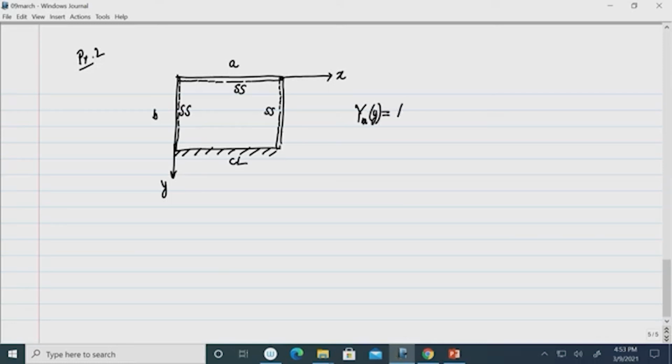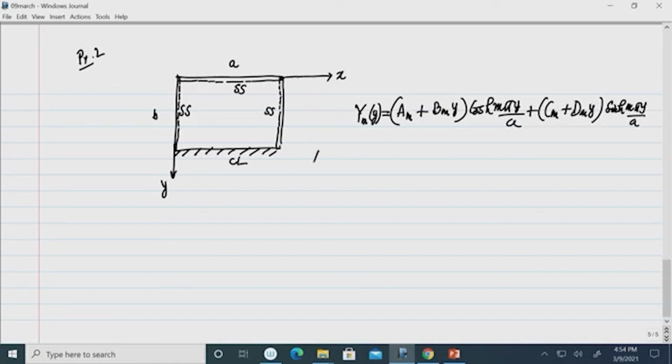That is, Y m was composed of A m plus B m y, cosh m pi y by a, plus C m plus D m y, sinh m pi y by a. So, these four constants we have to take, there is no other way, because the boundary condition is purely unsymmetrical. Now, we have to apply the boundary conditions one by one.